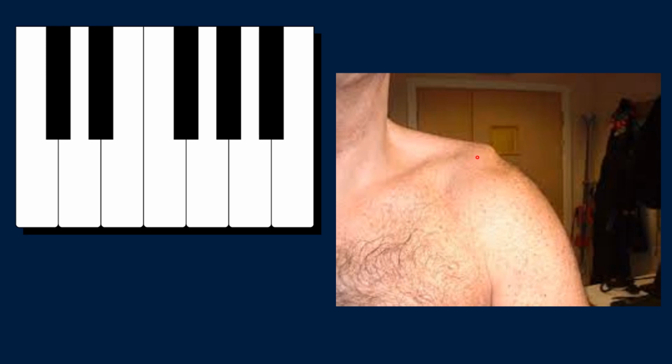The acromioclavicular joint forms the superior aspect of the glenohumeral joint, which has the glenoid, a cavity holding your humeral head.